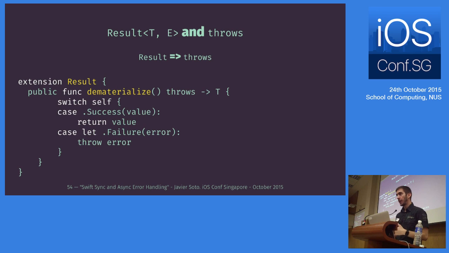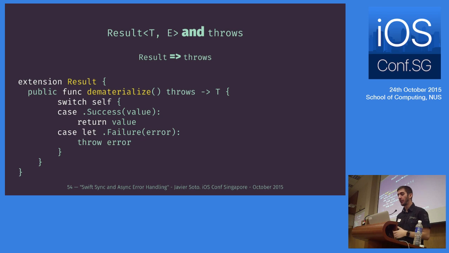And if we want to go the other way, I think this one's probably the most interesting. If we have a Result that some function returns, we can implement a dematerialize function, or probably with a better name, that throws or returns a value of type T. So now with a Result, we can use the try-catch syntax as well.